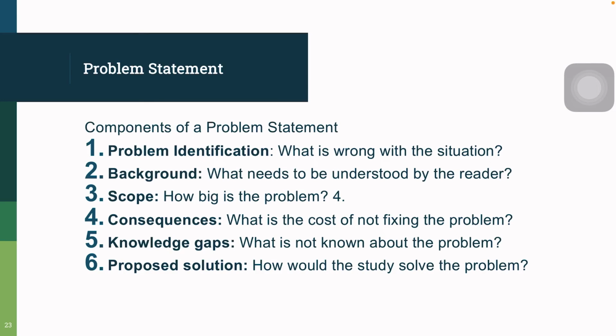You have the background, what needs to be understood by the reader. Third one is your scope, how big is the problem. The fourth one is the consequences, what would be the cost if you're not going to fix the problem. Number 5 is the knowledge gap, what is not known about the problem, and what is your proposed solution, or how would the study solve the problem. That is for your problem statement.